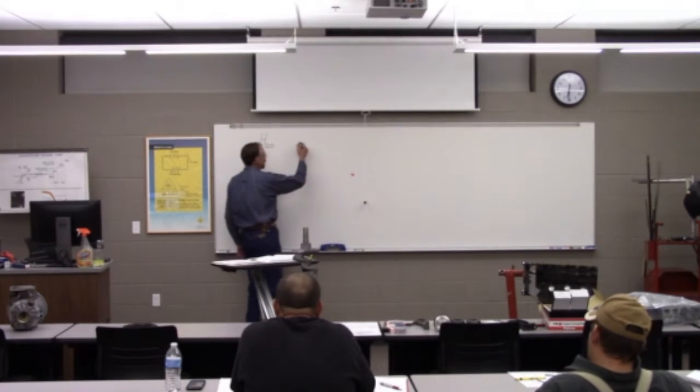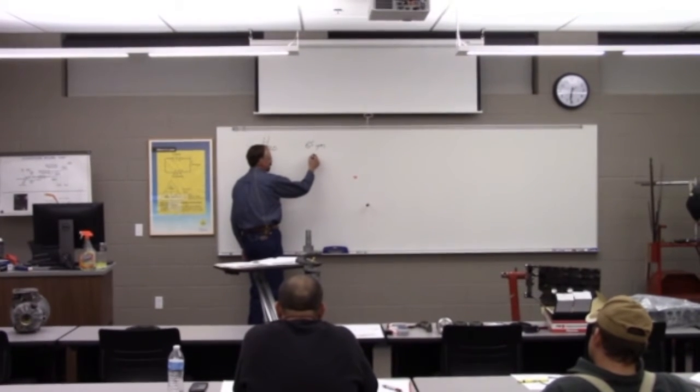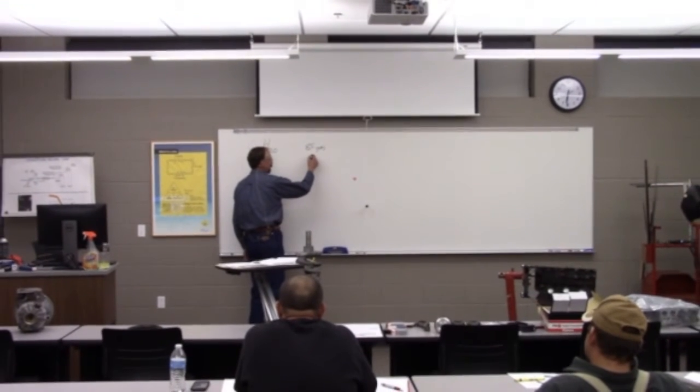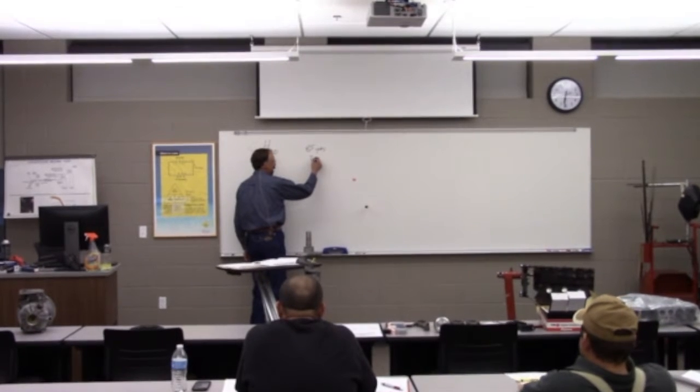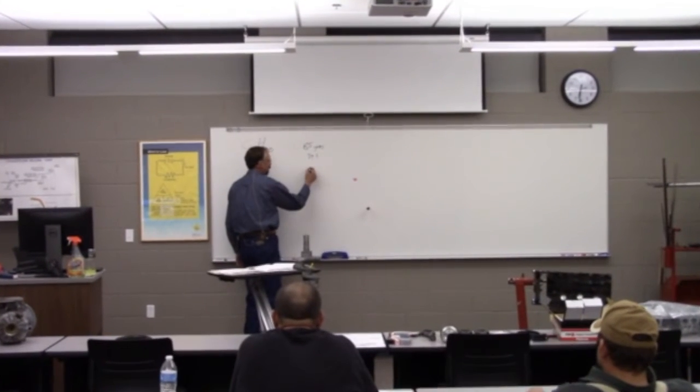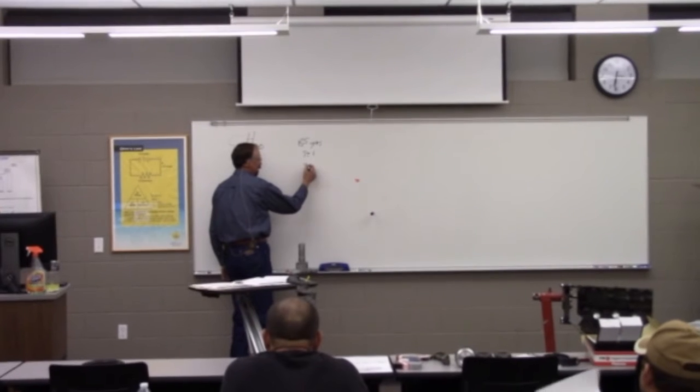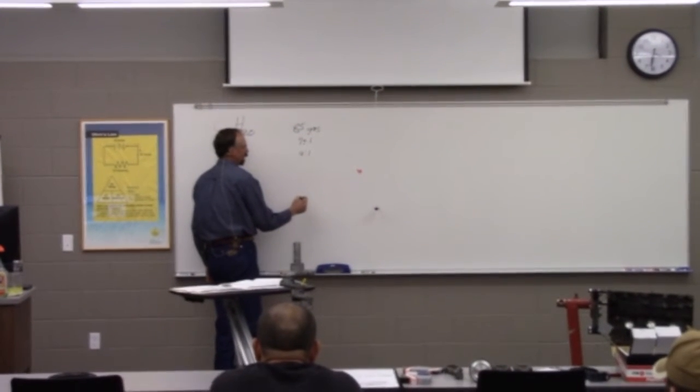For example, your typical 85 octane gas, it's typically going to run really well somewhere in that 7 to 1 ratio or up to as high as 9 to 1 ratio.